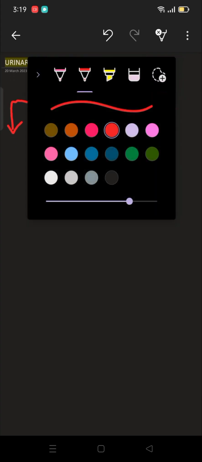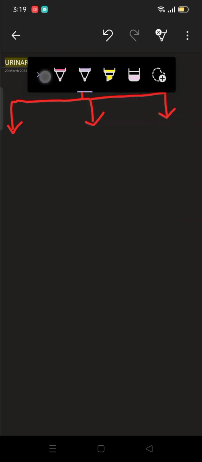So let me make the arrows here so that I can write. Alright. As I told you, there are 3 steps which will be followed to make the urine. So let me write this with this color. Alright.